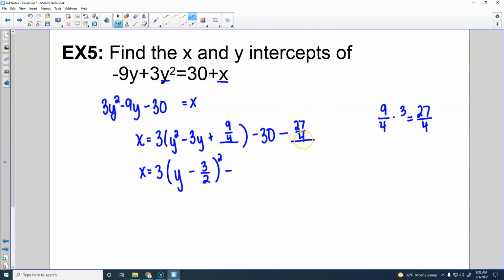So here, let's see though, what do we get there? 6.75. That's right.